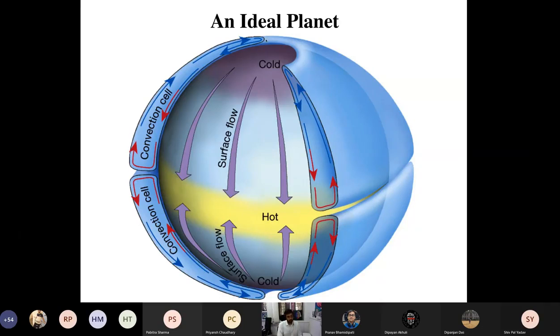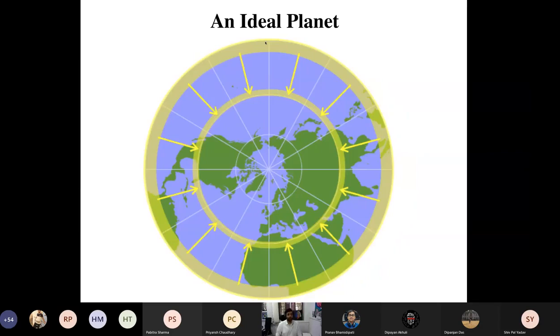However, that is quite difficult to achieve. Why? Let's take a view of the planet from the equator towards the pole. Okay, we are taking a top view of the planet. At the equator, this is your circumference. Say around 30 degrees north, this is your circumference.